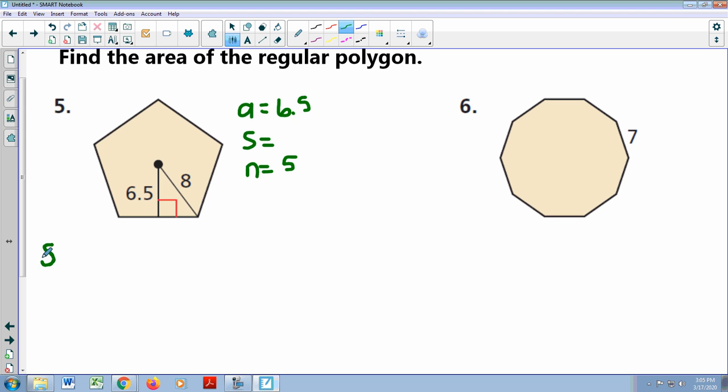So I know 8 squared equals 6.5 squared plus b squared. So I'm just going to simply take 8 squared minus 6.5 squared. I get 21.8.